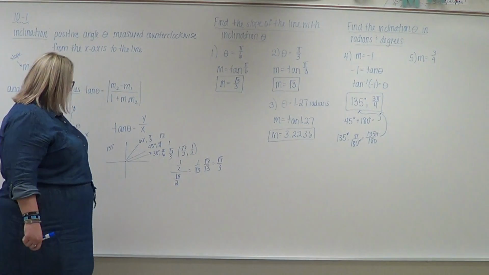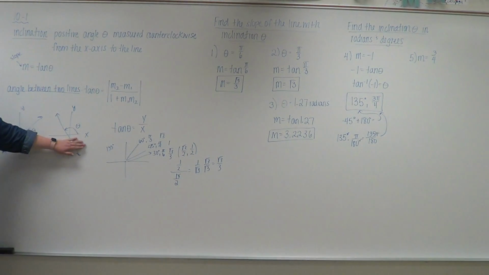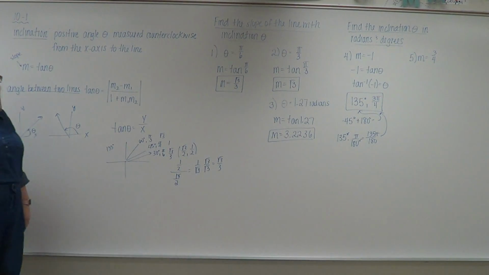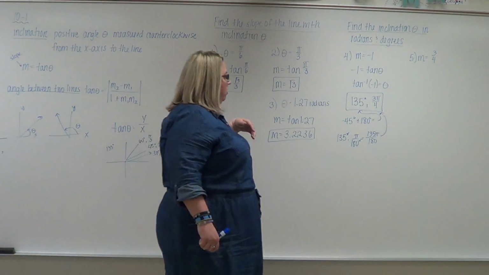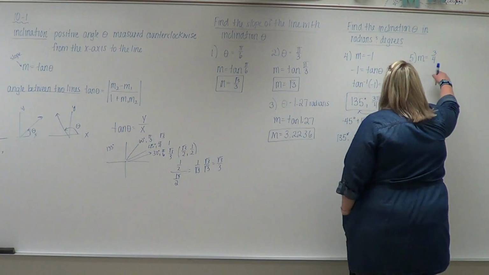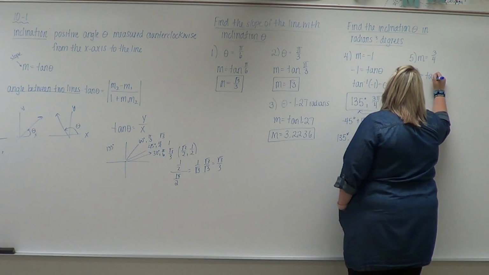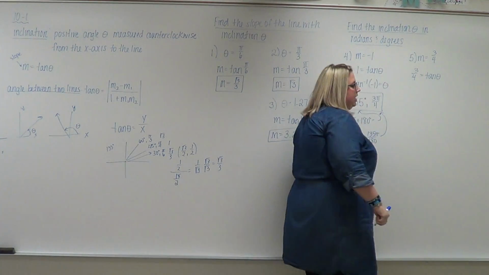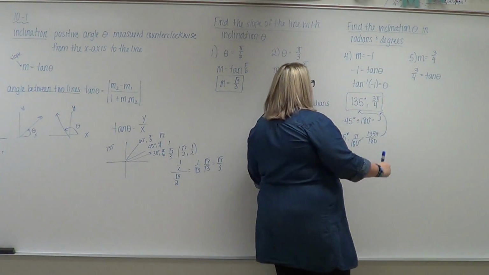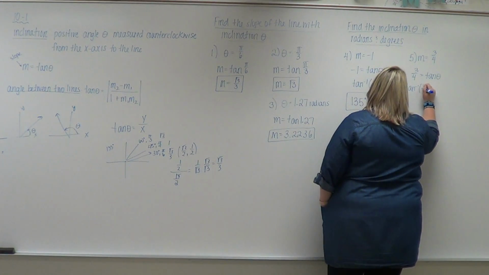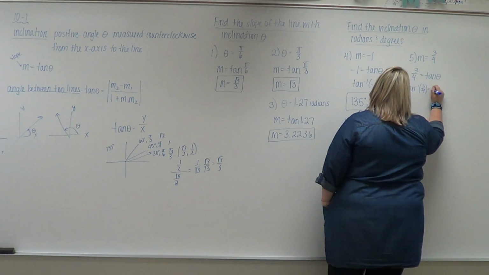Okay? We're not even going to talk about quadrants 3 and 4, so you can kind of just forget about them. We're going to focus just on 1 and 2. Alright, so 3/4 is not on your unit circle, so if I set this up, 3/4 equals tangent theta. So to find the angle, we're going to do tan inverse of 3/4.